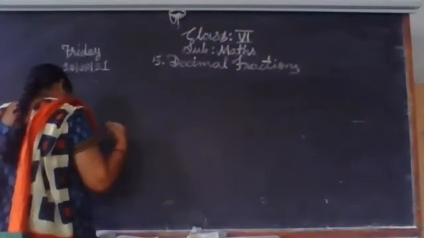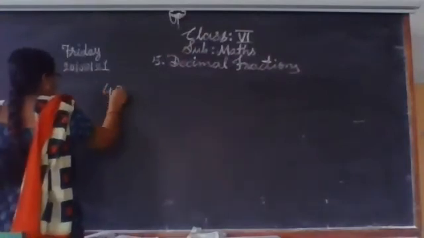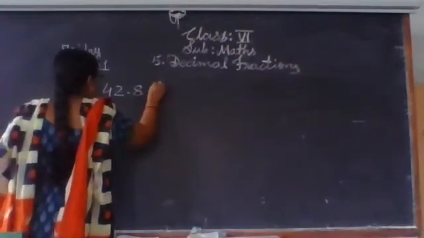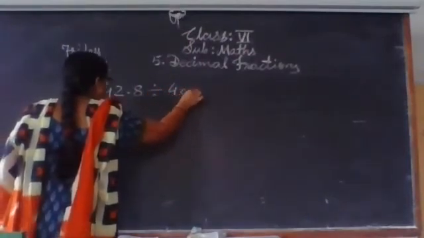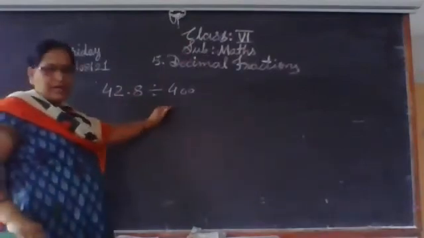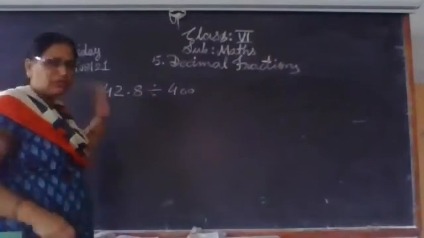See, 42.8 divided by 400. Okay, again we will write this 400 as a multiple of 100, which means 100 multiplied by 4.